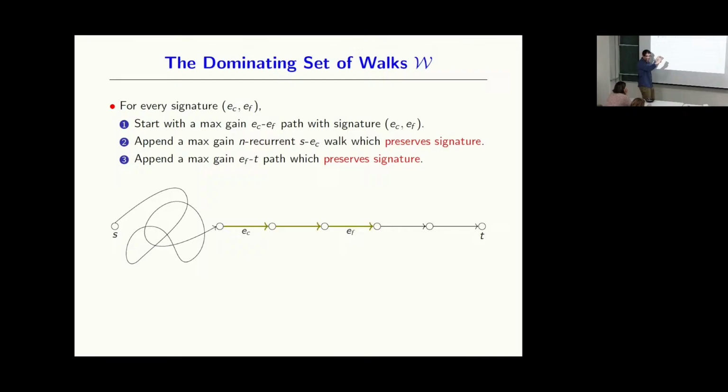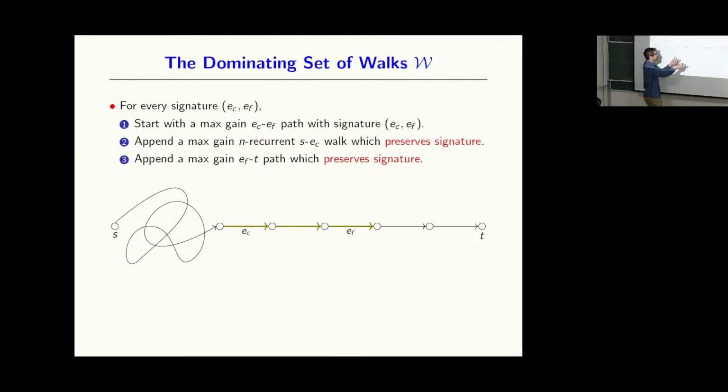Then I need to extend it to a global ST path. And roughly speaking I find the best way of doing it here, which corresponds to another maximum gain path, and the best way of doing it here. You don't have to understand that too deeply, but roughly speaking, I can recover the whole walk just using these two arcs.